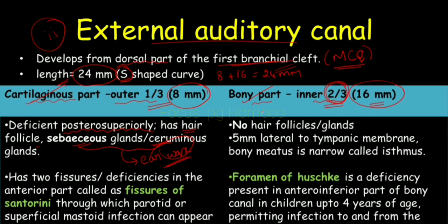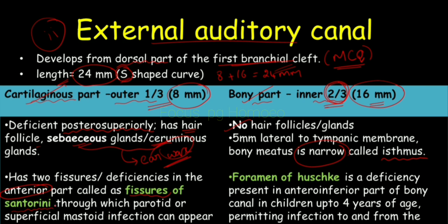In the bony part, there will be no hair follicles or glands, and it is 5 millimeter lateral to the tympanic membrane, and there is a narrow part in the bony meatus called the isthmus. Now in the cartilaginous part, there is a deficiency in the anterior part, and that is called the fissures of Santorini. Fissures of Santorini.